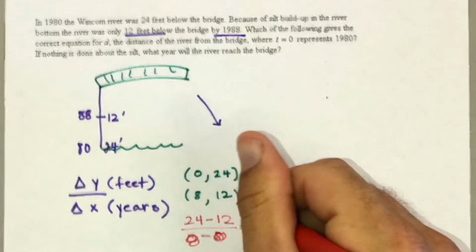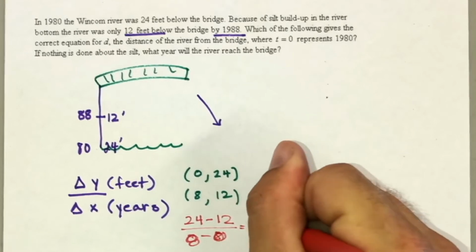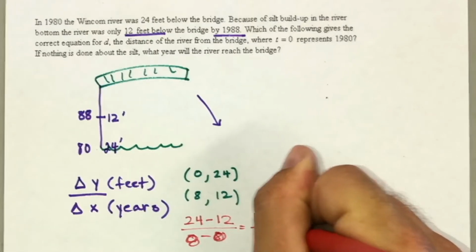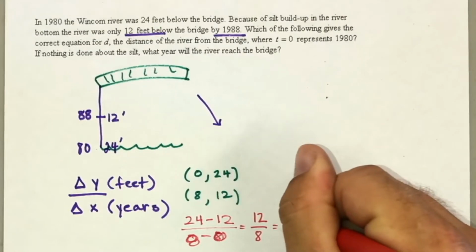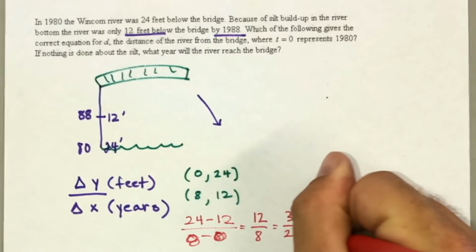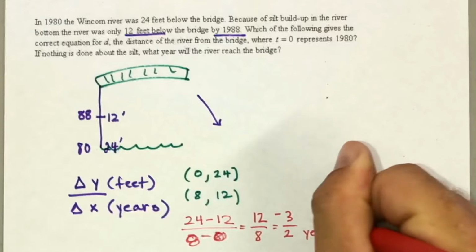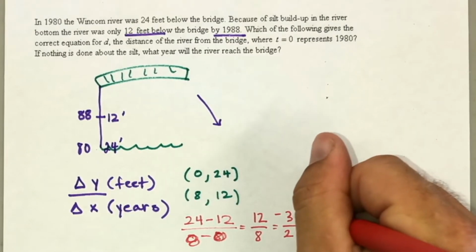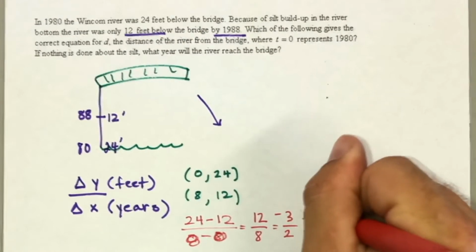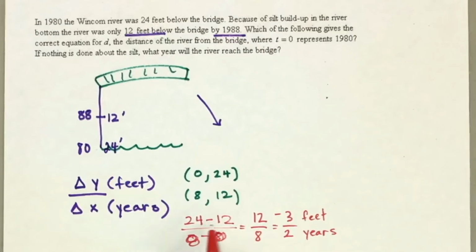And I would get 12 over 8, or 3 over 2. So that means for every 2 years, it's decreasing by 3 feet. And I know it's decreasing here, so that's why I'm adding this negative here.